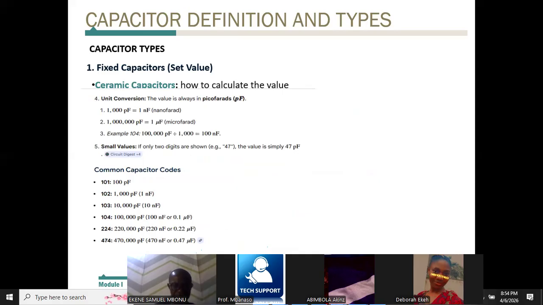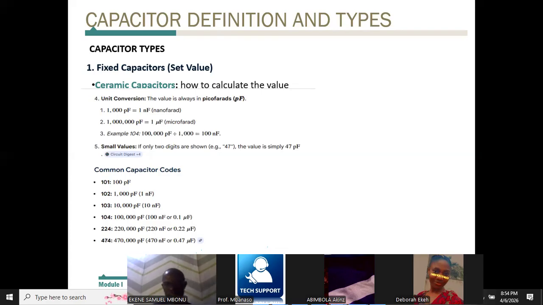Some of these vendors, that is what they understand. Tell them ceramic. Say you want to buy a capacitor, they will first of all ask you which type. Is this electrolytic or ceramic or tantalum? They begin to mention this. And then if you say it's ceramic, they ask you which number.